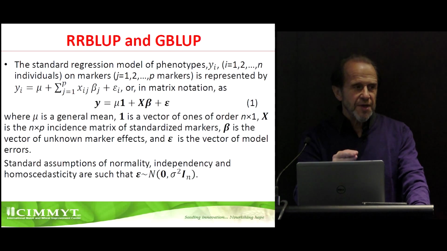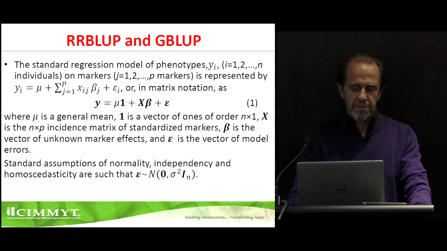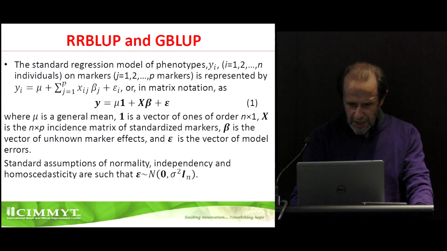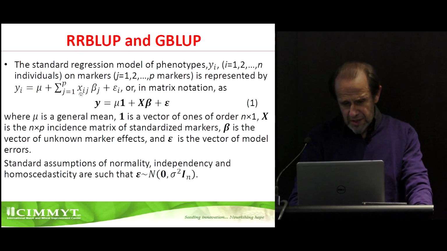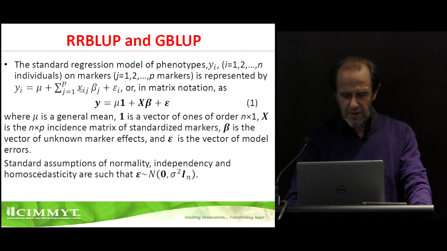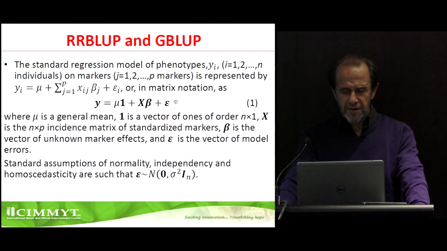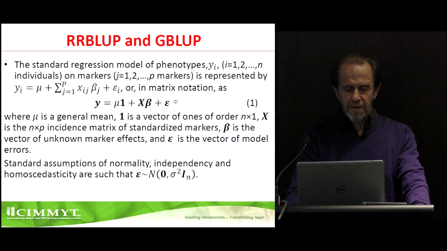Now, how do you go from the R-BLUP to the G-BLUP? Well, this is the equation. This is a standard Henderson mixed model equation with the linear model. These are the marker effects. These are the marker values. And you can put this into this equation in matrix notation.